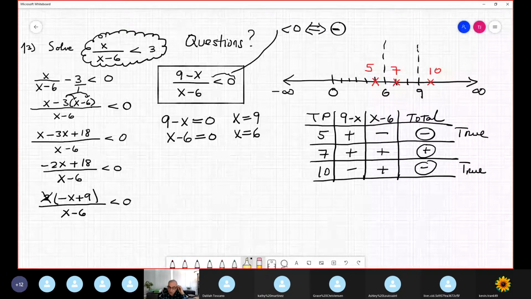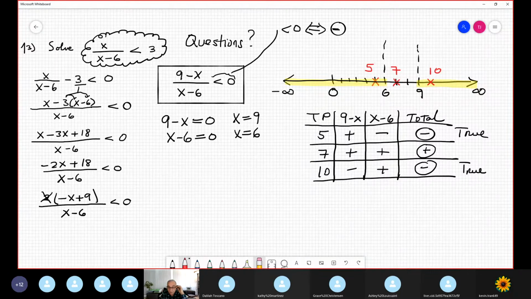Now the solution is this interval and this interval. Always the interval is from the critical value, no? The critical value is the boundary that separates the intervals.